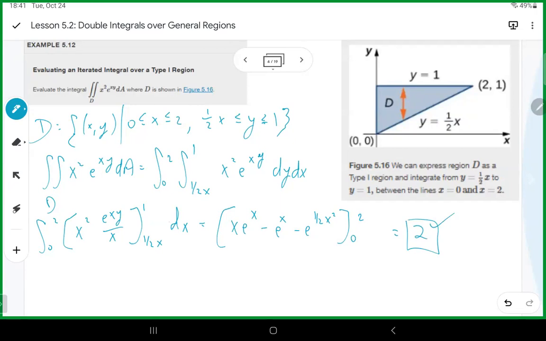If you need some extra notes, the first step, we integrated the integral for a type 1 region. Then we integrate with respect to y using u substitution, where u equaled xy and x is held constant.